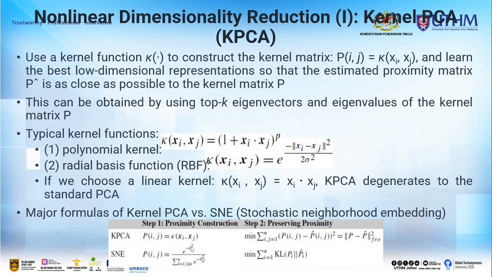The major formula for kernel PCA versus SNE, you can see there is a comparison between KPCA and SNE here. KPCA uses a kernel function, while SNE computes the probability based on pairwise distances. First is pairwise similarities, second, SNE is pairwise distances.